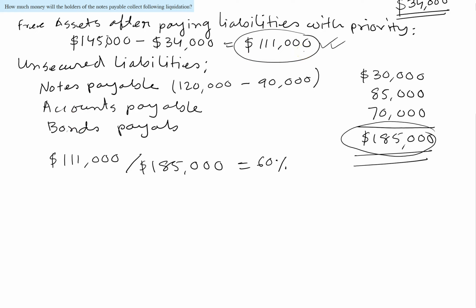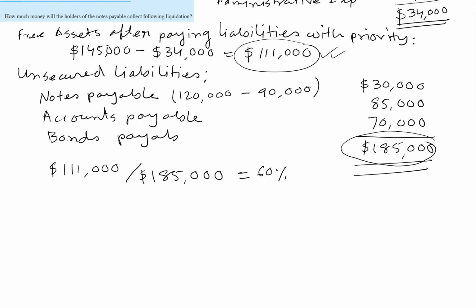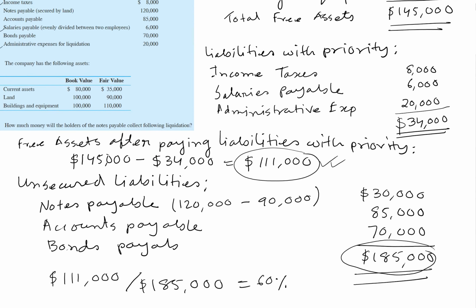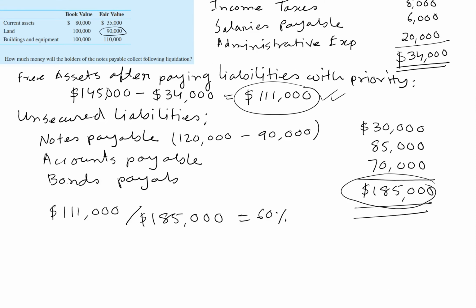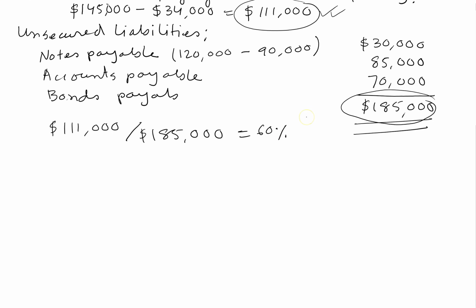So the question was, how much money will the notes payable holder get? If you go up, for notes payable, they will get $90,000 from this land, and out of the rest, 30,000, they will get only 60%.